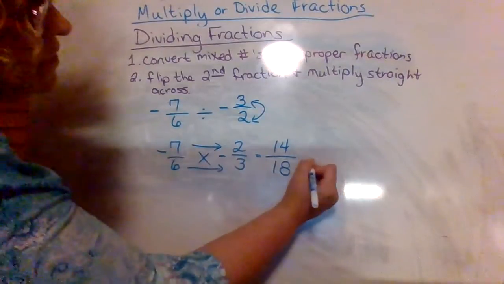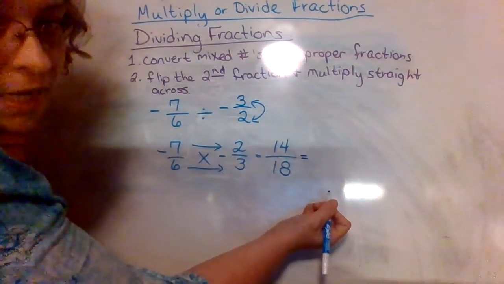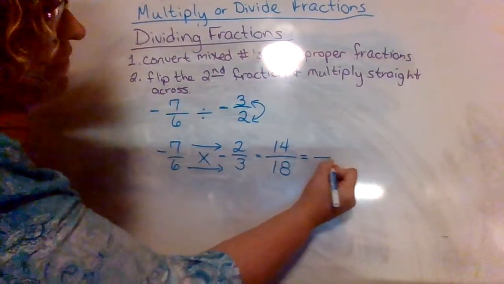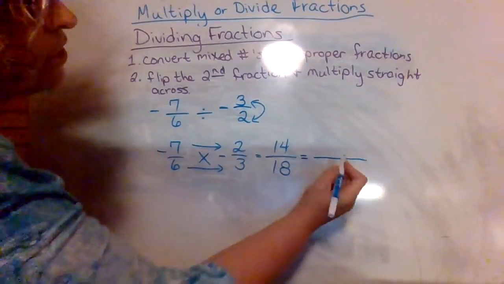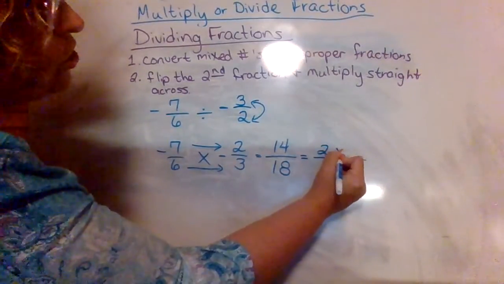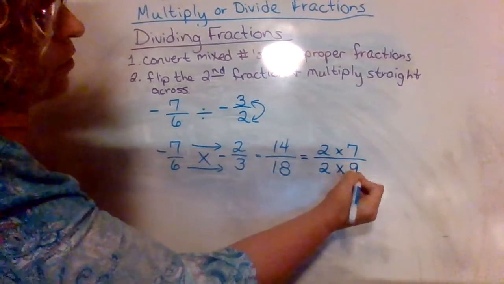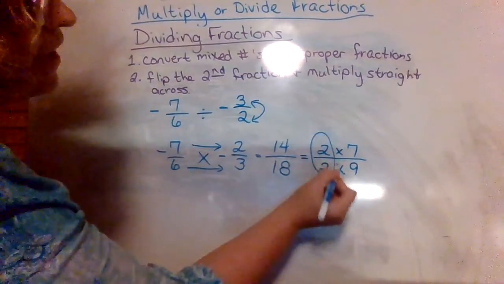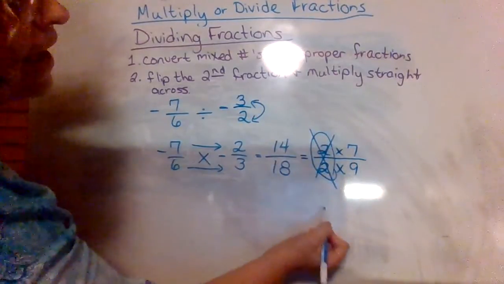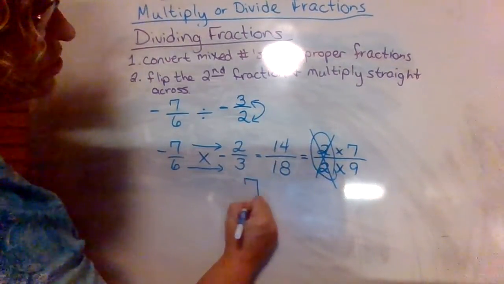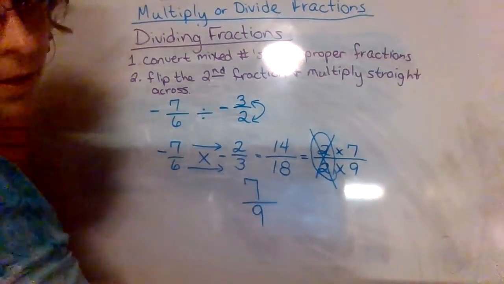No, it is not. Those of you that can give me what it is, you go right ahead. Those of you that have issues, break it down into its factors. This is 2 times 7. This is 2 times 9. What do they have in common? They have that 2. Cross it out. So your final answer is 7/9.